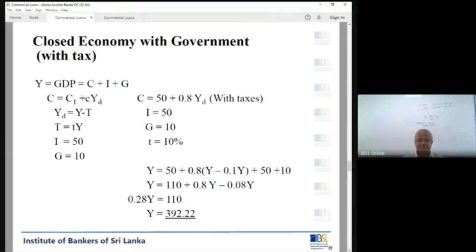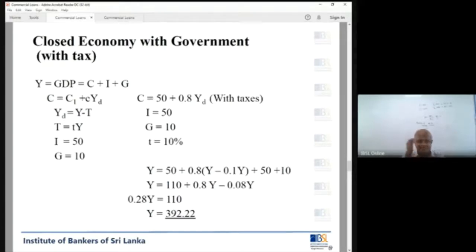That is government tax revenue. What is tax revenue? You can calculate taxes: 0.1 into 392. Let's say 392, forgetting the decimals, into 0.1. Government tax revenue is 39.2.